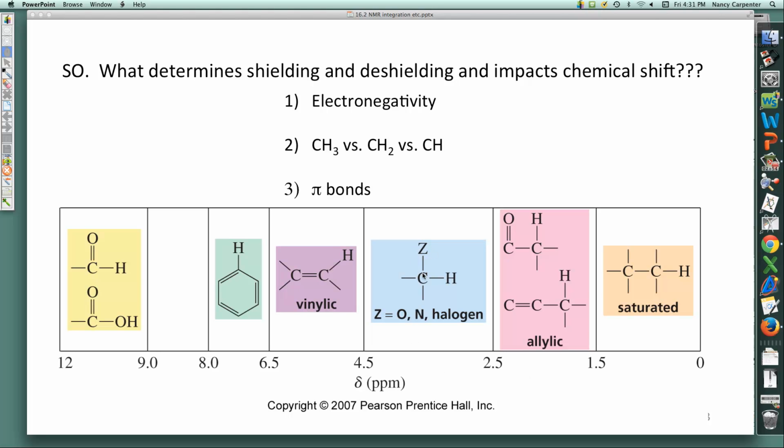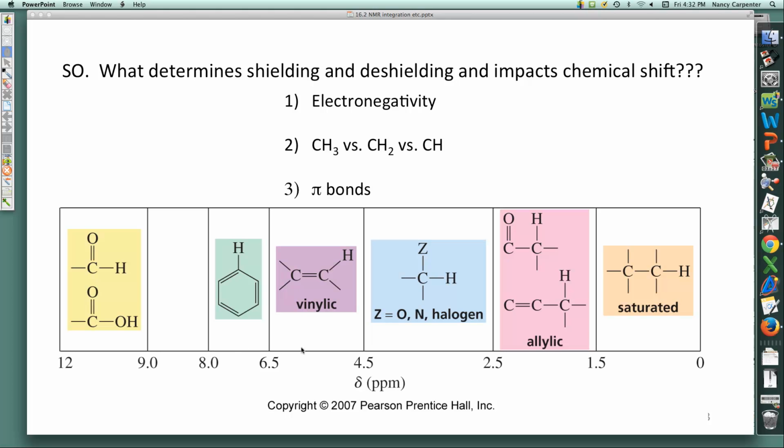The impact of electronegativity is very clear right here. If I have an oxygen or a chlorine, maybe a bromine attached to the carbon bearing the hydrogen, boy, that yanks that chemical shift pretty far downfield. It can go as far downfield as 4.5.